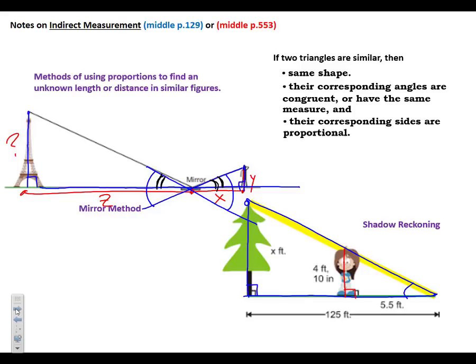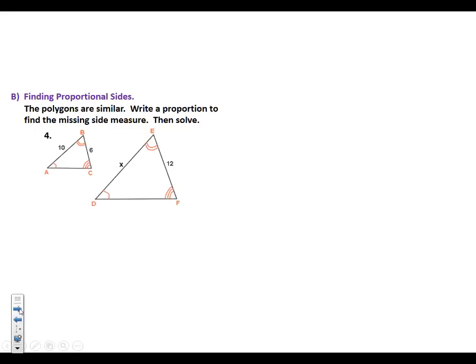And then of course, because it shoots down here, it's going to create that same congruent angle. Now we have two congruent angles, so we have similar figures. We can measure our height, we can measure our shadow, we can measure the shadow of the object. Hence, we can find and estimate the height of the object. Shadow reckoning.